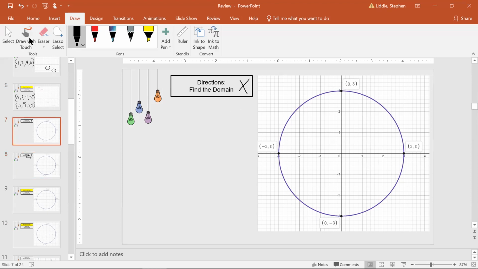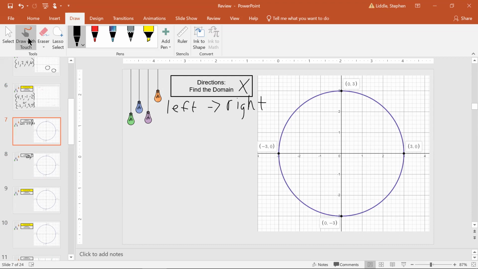For domain, we want to ask ourselves with continuous, how far can we go left to right? So I want to ask myself, what is the furthest left or most left I can go on this graph?